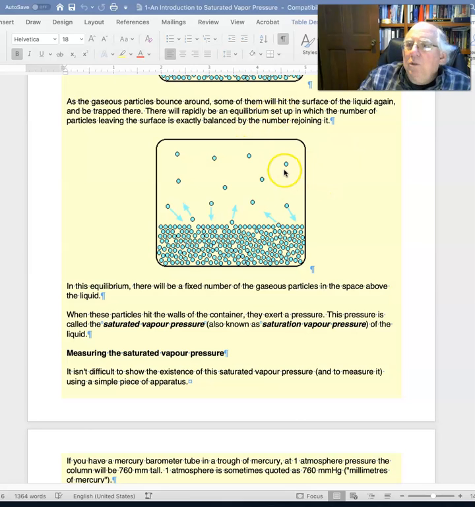If one was to measure that, that is referred to as the saturation vapor pressure. In thermodynamics, that's a very important concept for a pure substance. Based on the temperature of the substance, there is a unique vapor pressure associated with the pressure that would exist in a closed vessel at that particular equilibrium condition.